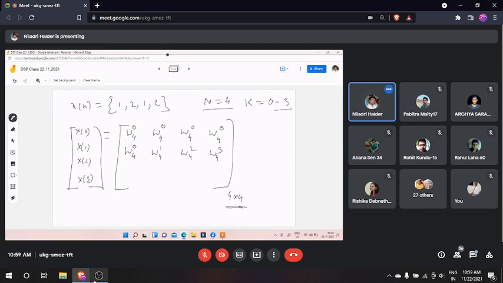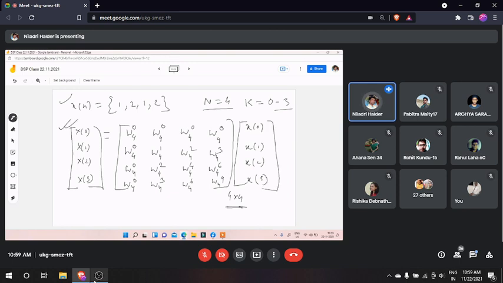For 2, W4 to the power 0, W4 to the power 2, W4 to the power 4, and W4 to the power 6. And for 3, W4 to the power 0, 3, 6, and W4 to the power 9. So this is your matrix for this problem, and this is your input: x0, x1, x2, x3.